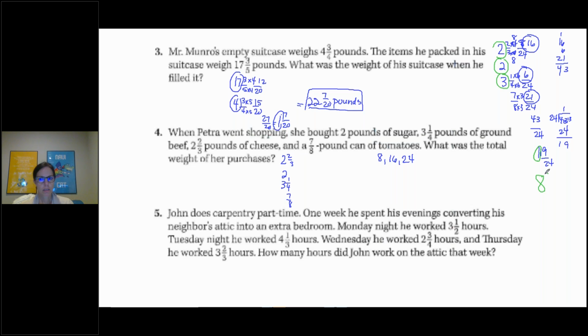Am I missing a number? Oh, it's 8. Okay, it's 8 and 19 over 24.